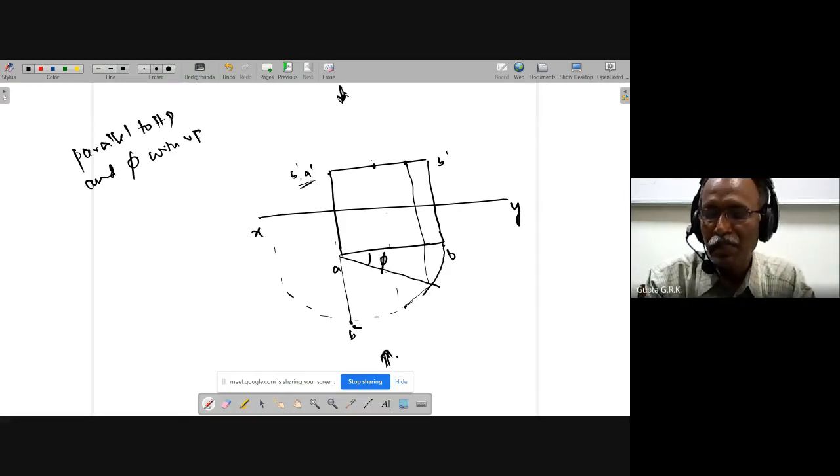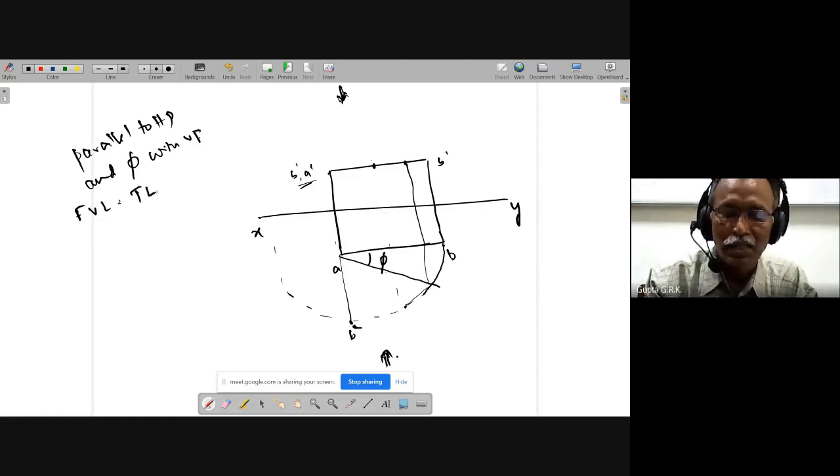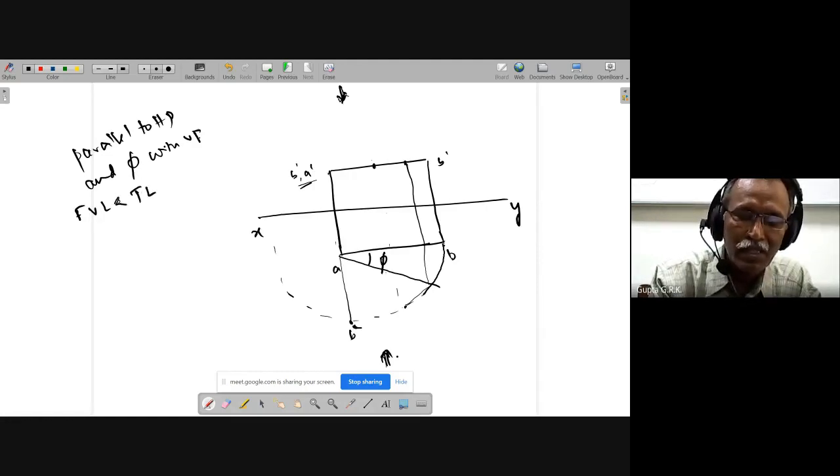Again the same thing. Whatever we have written there, all those come here. Front view length is less than true length, and top view length is equal to true length.